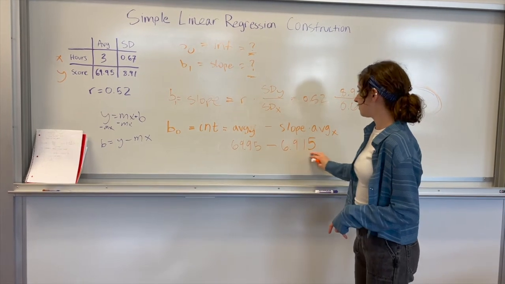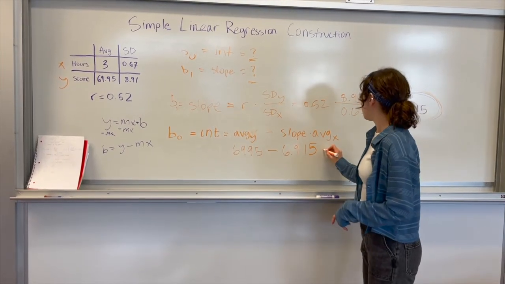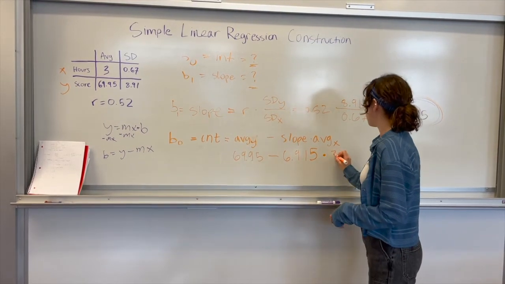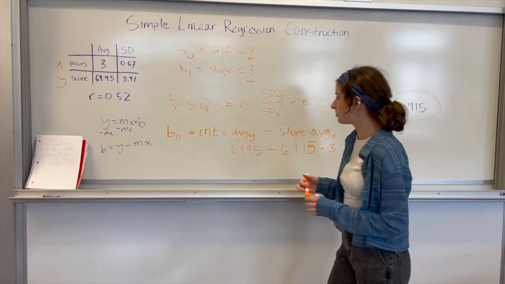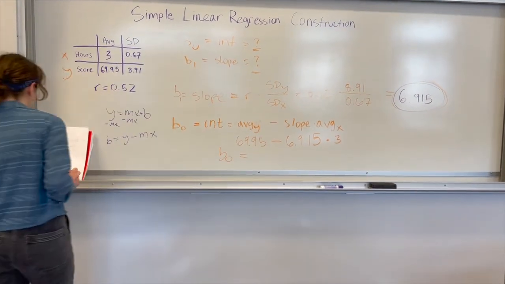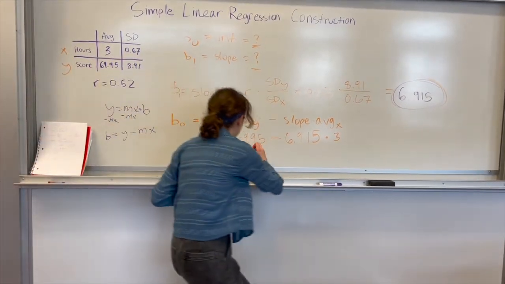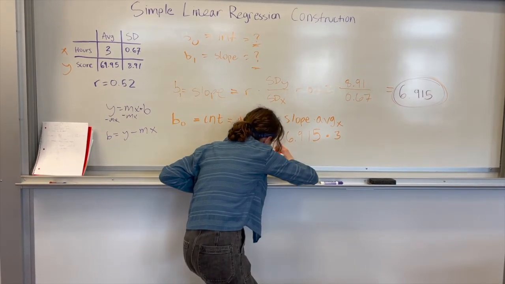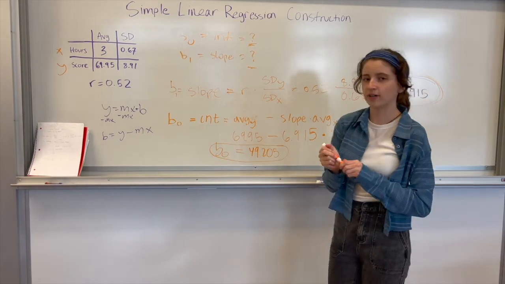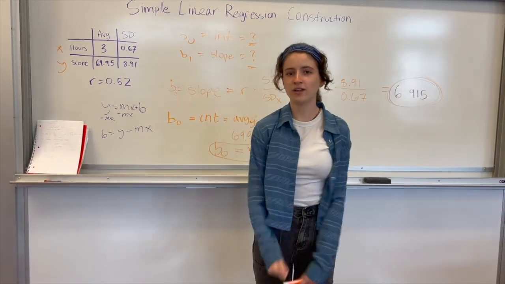So plug in the entire number you have here, multiply by your average for x, which is 3, and then just do some math, and you get about 49.205. And that's the answer for the third and final part of this simple linear regression.